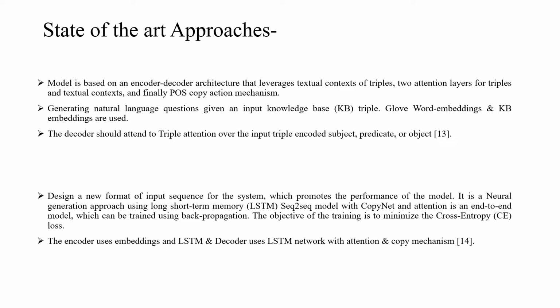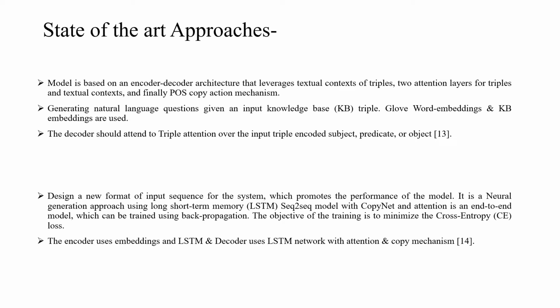In such systems the model is based on an encoder decoder architecture that sometimes leverages textual triples information like subject, predicate and object, two attention layers for triples and textual context, and a part of speech copy action mechanism can also be used. GloVe word embeddings and knowledge base embeddings are used.